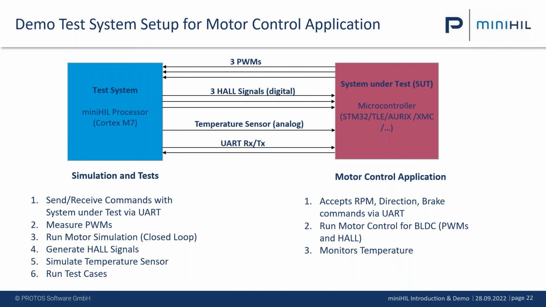We also have a temperature sensor to demonstrate the temperature shutdown or warning, limp home functionality or something like that. And then we have a UART to control the speed of the model or of the application, and also to change direction or to brake the engine and so on.